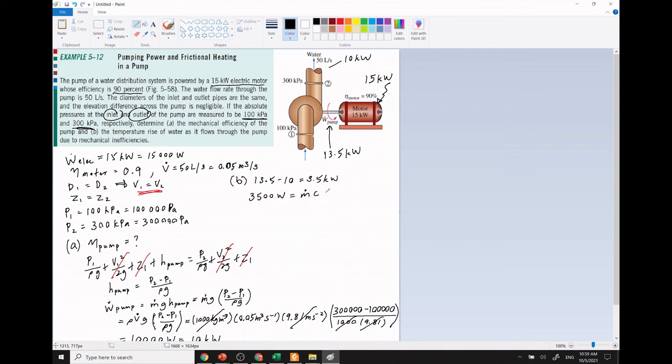Sensible heat transfer. So we know the mass flow rate, which is given by rho times the volumetric flow rate.